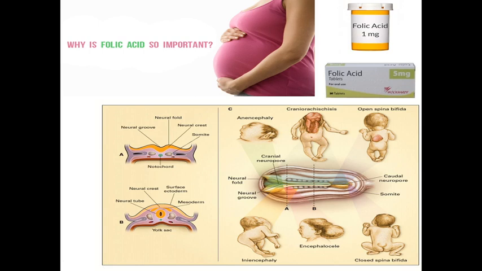So by the time you get to know that you are pregnant, it will be about 1.5 to 2 months. So then if you start folic acid, sometimes it may not be enough to prevent this. By the time you're diagnosed with pregnancy, if you start folic acid, it will not work, because by that time the neural tube is already formed.